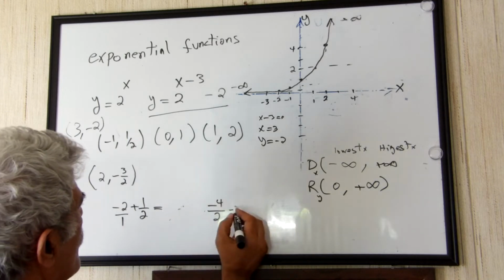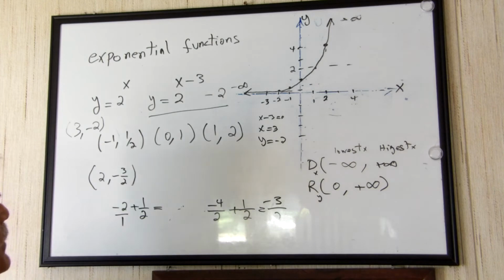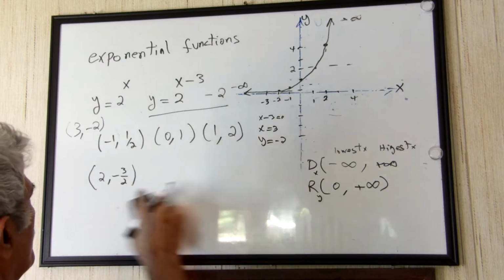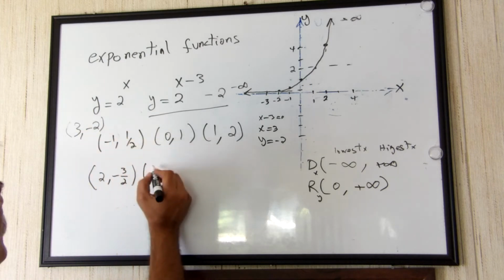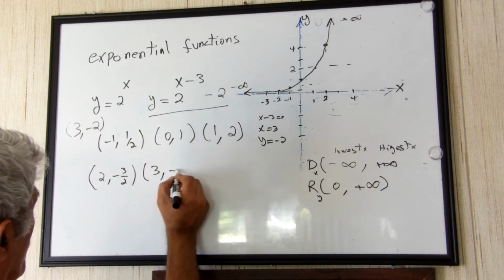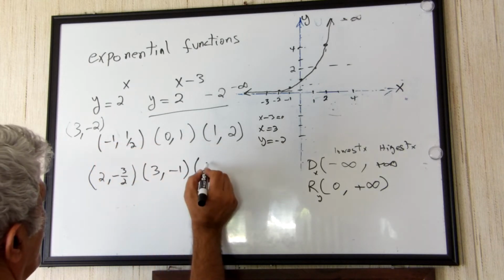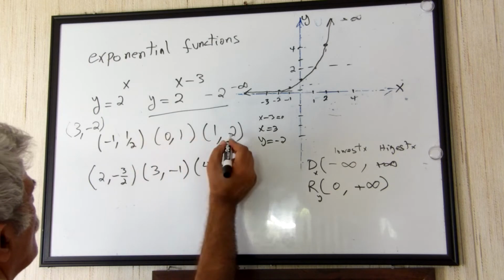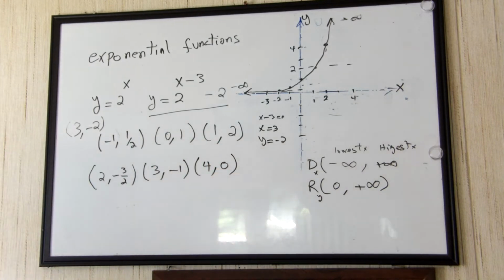Then plus 1, so minus 4 over 2 plus 1 over 2 is going to be minus 3 over 2. We show it here, minus 3 over 2. And then 3 plus 0 is going to be 3, and minus 2 plus 1 is going to be minus 1, and then this one, 3 plus 1 is going to be 4, and then minus 2 is going to be 0. Now let's graph this one.